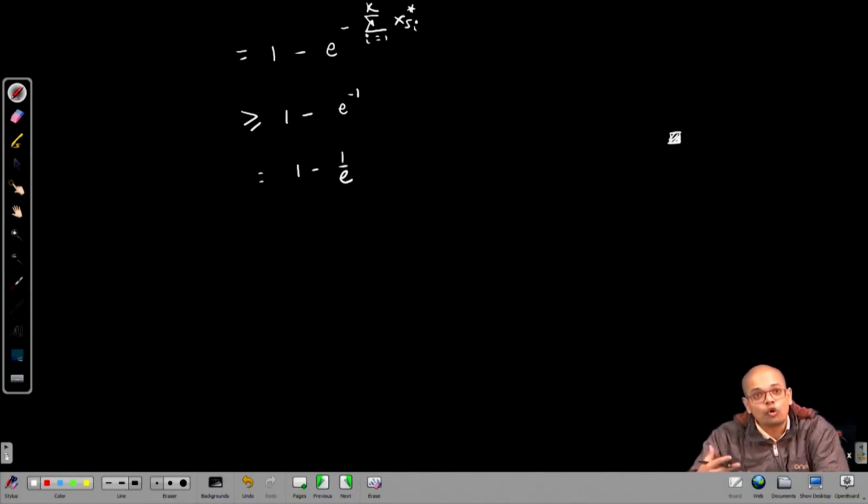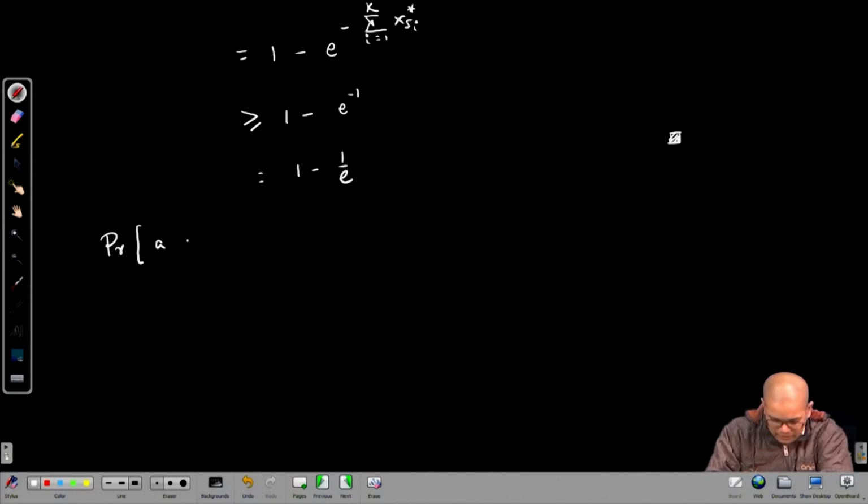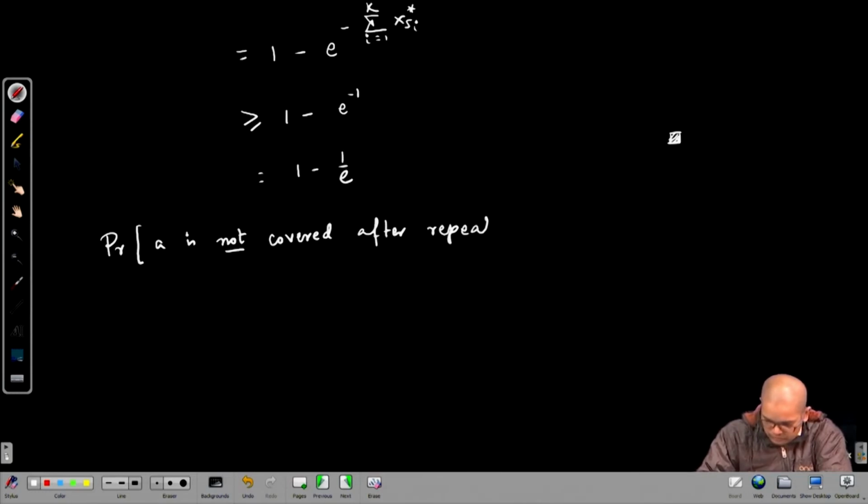Now what is the probability that all elements are covered? So the probability that A is not covered after repeating step 2 L times.